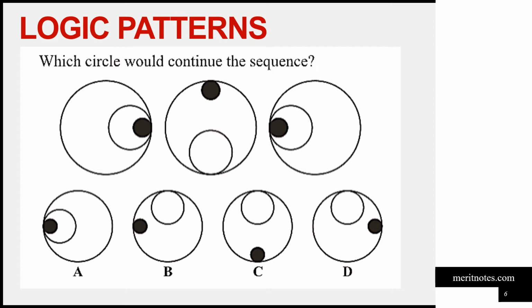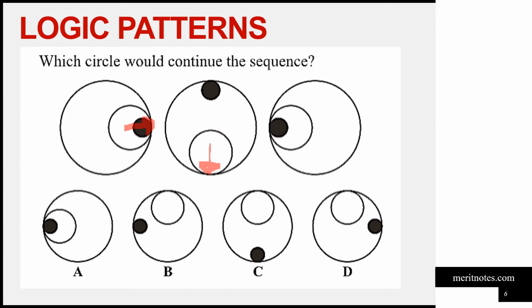All of the three sets of circles have a smaller circle inside it, and the smallest circle is shaded black. For the first given, as you can see, the smaller circle is attached to the right side of the bigger circle, while the smaller circle on the second bigger circle is on the lowest part, or in the bottom.